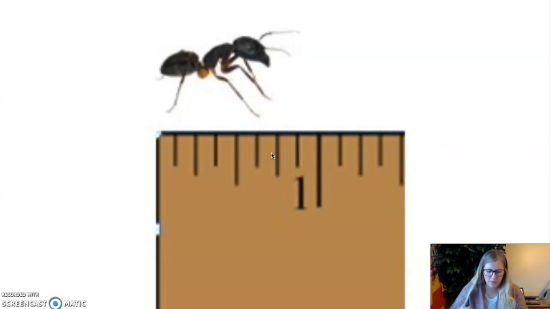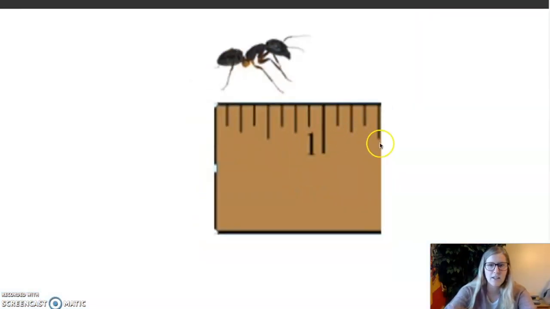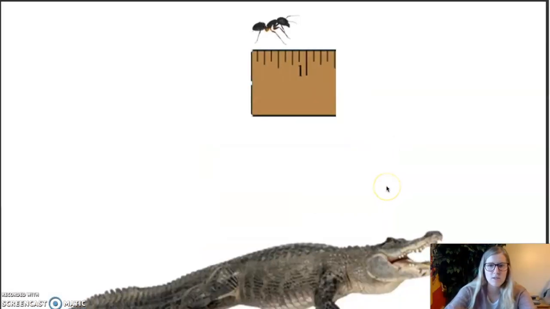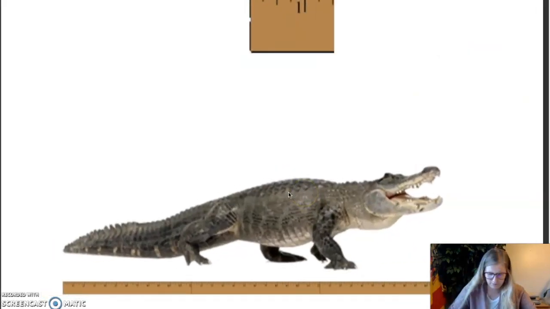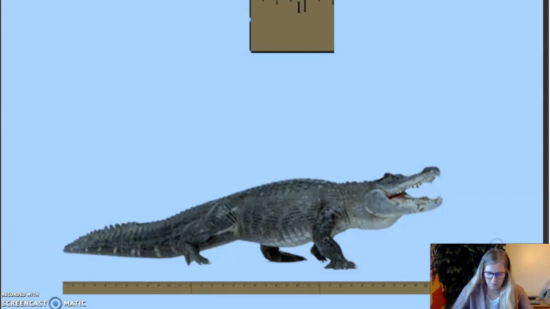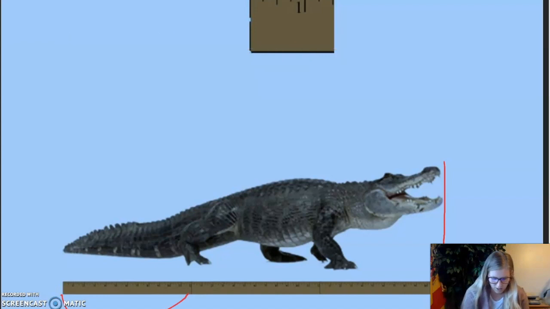Then if I were to come to my alligator, I really hope this is zooming in and out for you guys. My alligator. I can do the same thing, kind of see where he's at. It looks like he is right below 3 yards because we can see that this is 1 yard, 2 yards, 3 yards, and I can tell because if you look really closely, that right there says 12 inches.